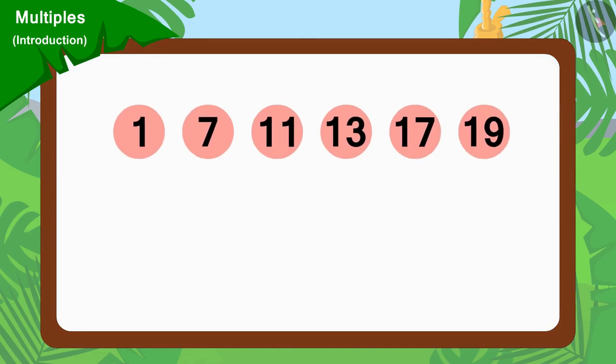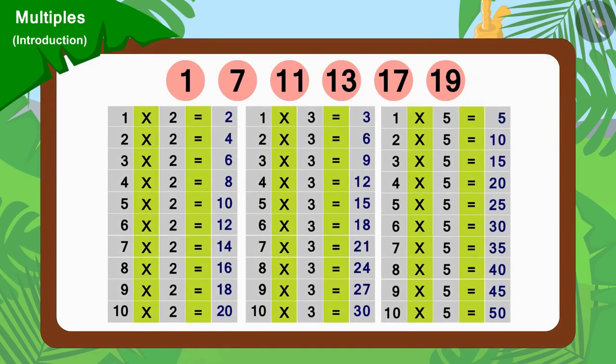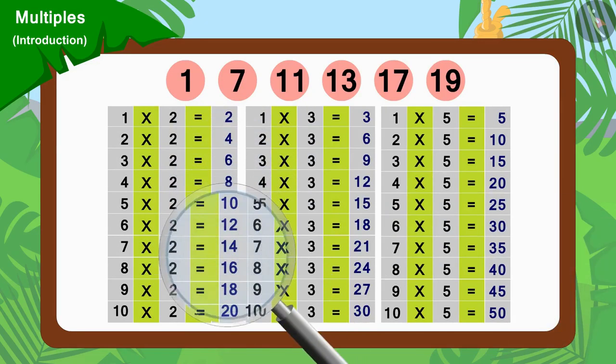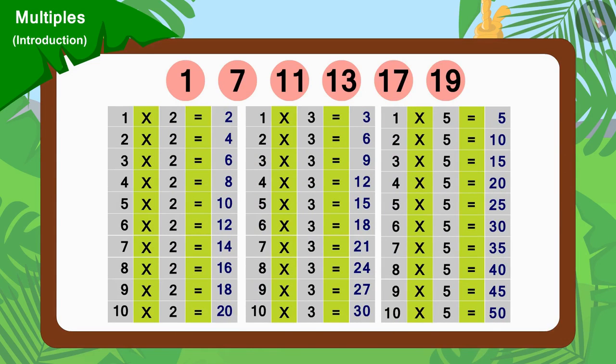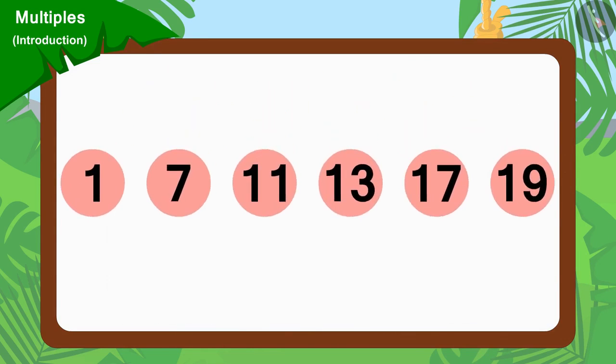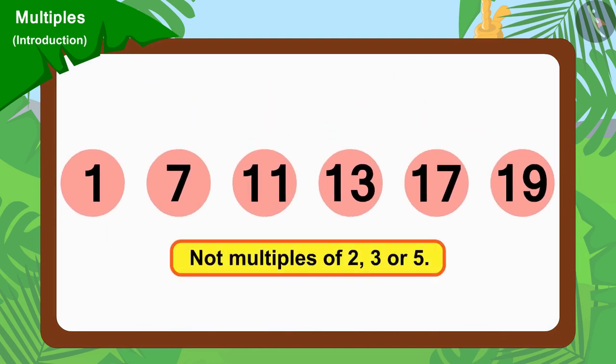This is because these numbers cannot be divided by any of the numbers 2, 3 or 5. Therefore, we can say that these numbers are not multiples of 2, 3 or 5.